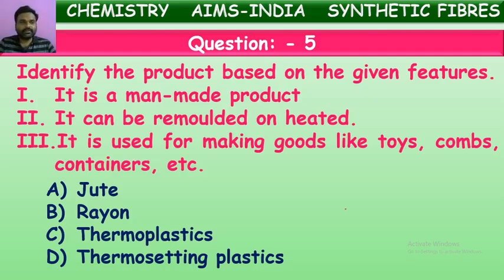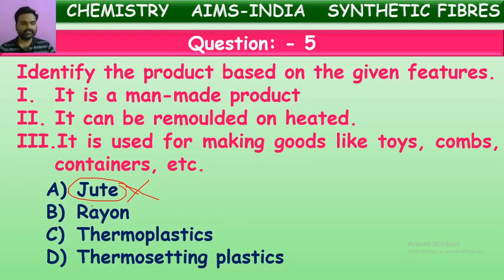What might it be? If you see once again the features, it is a man-made product. So we can eliminate this immediately, because jute is a natural fiber obtained from the jute plant's bark. Jute is a natural fiber, it won't come under man-made, so we can eliminate this.